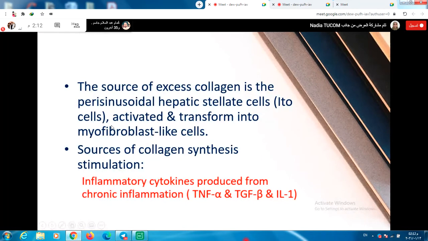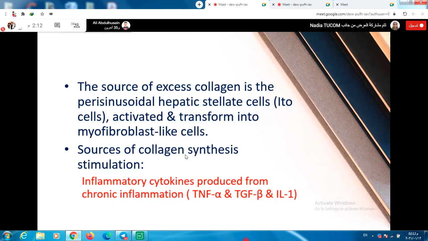hepatic stellate cells, or vitamin A storing cells. They are activated to form fibroblast and myofibroblast-like cells. They are the source of excess collagen synthesis.